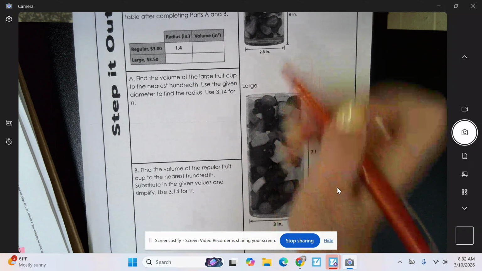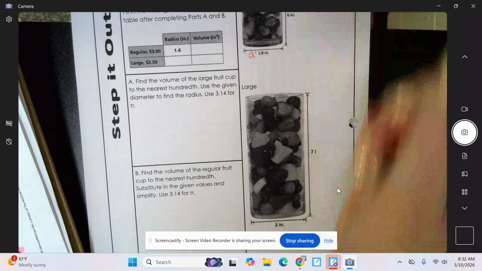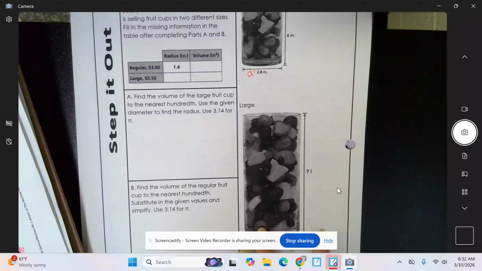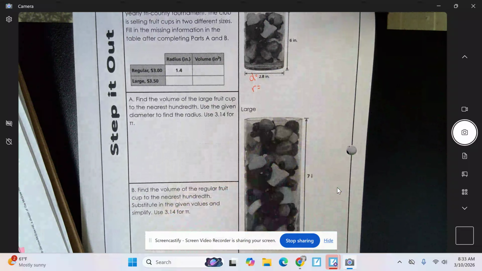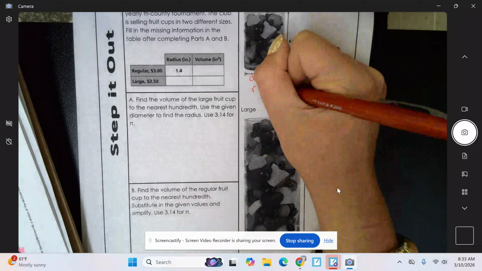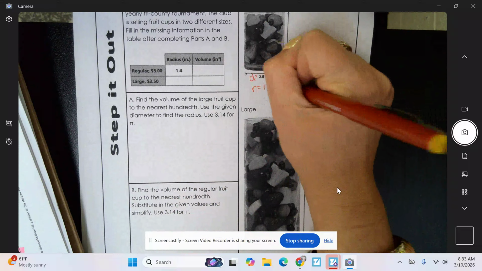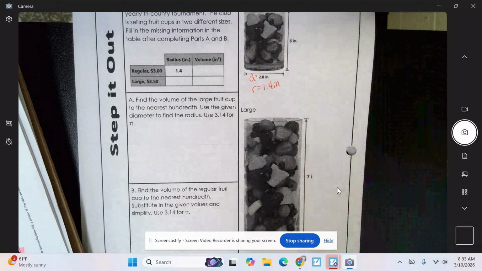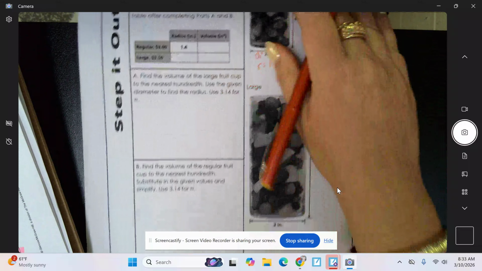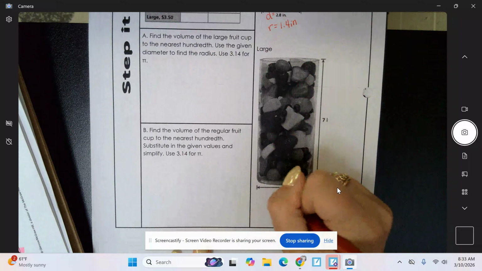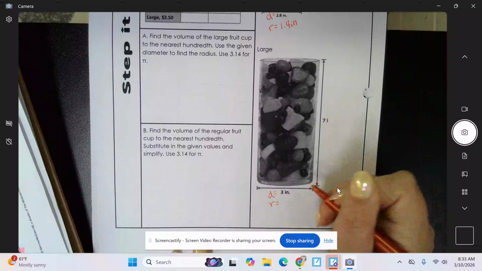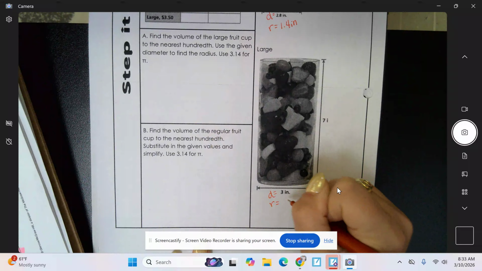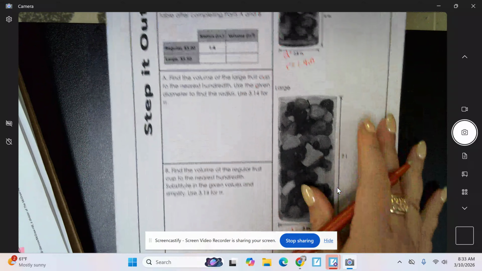This is the diameter, so we need the radius. How do we find the radius? Divided by 2. So what is 2.8 divided by 2? 1.4. Alright, so our radius for the regular is 1.4. And down here at the large, our diameter is currently 3. So what would our radius be? What's half of 3? 1.5. Okay? That way we already have that taken care of.